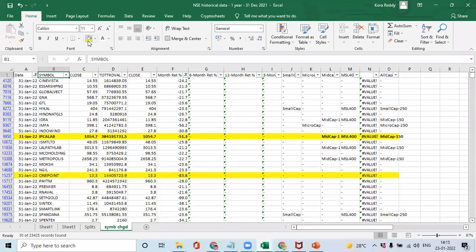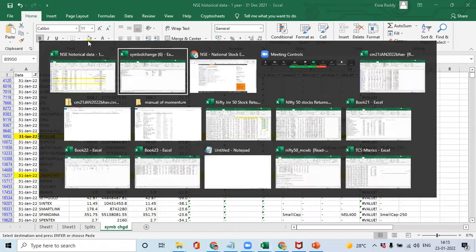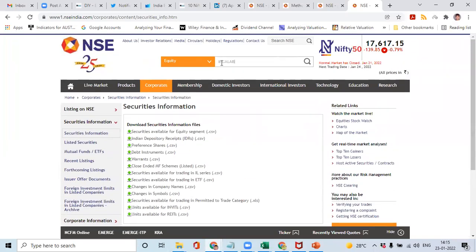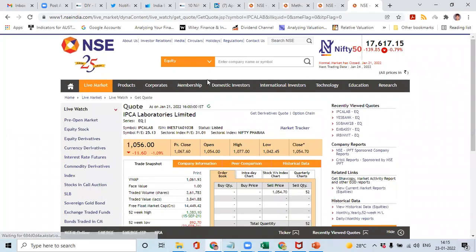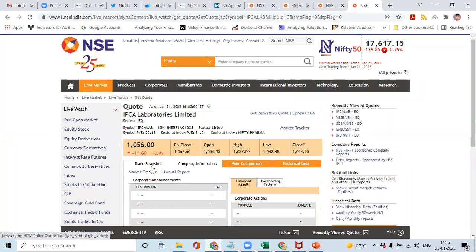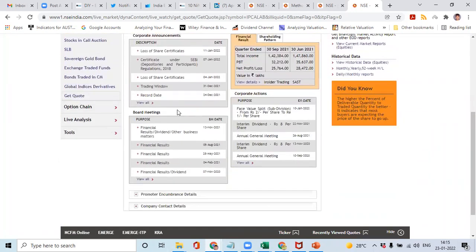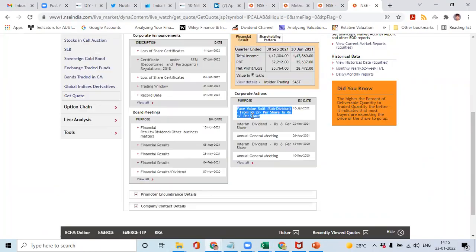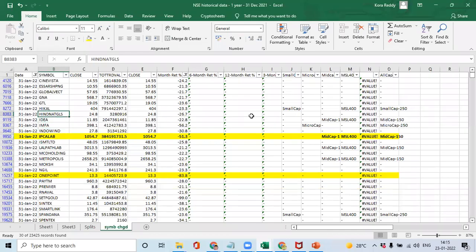So what is the IPCA story? Company information. So it looks like it's a split, right? This is a split candidate in the ratio of 1:2. And this is again suspicious.